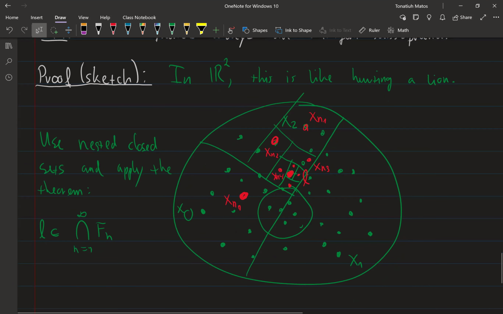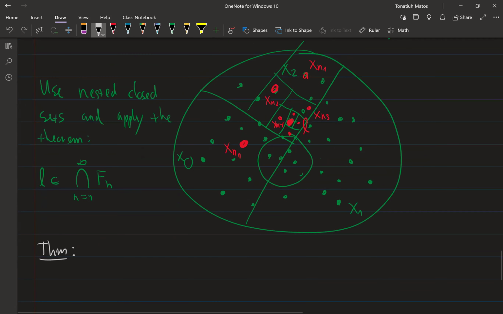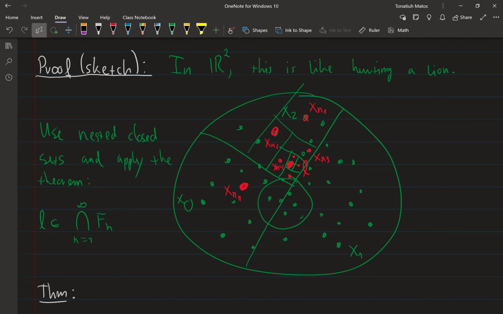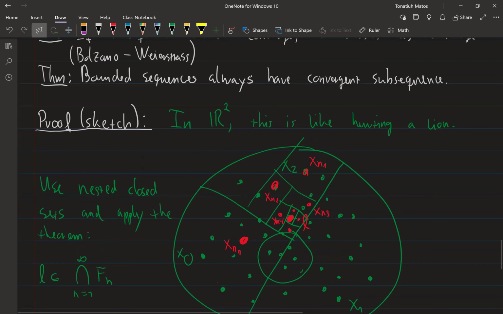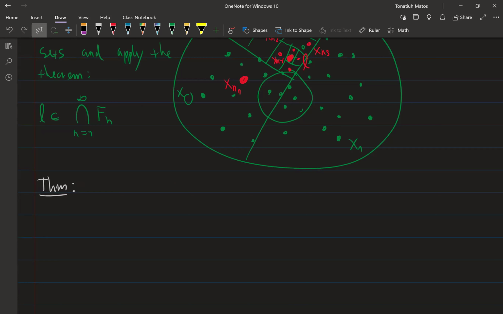Now there's something else that I find interesting. I just convinced you in a very sketchy way that bounded sequences always have convergent subsequences. That means that a sequence inside a bounded set must have a convergent subsequence, because a sequence inside a bounded set is itself bounded by the same bound, indeed, right?